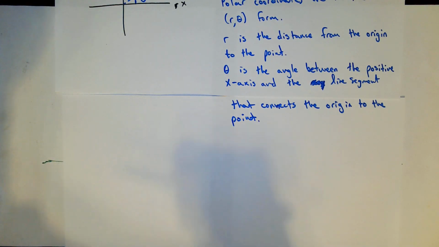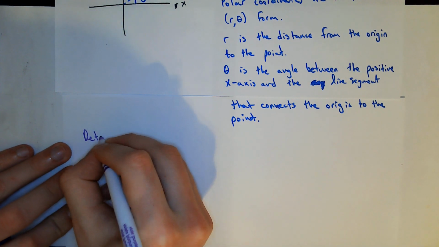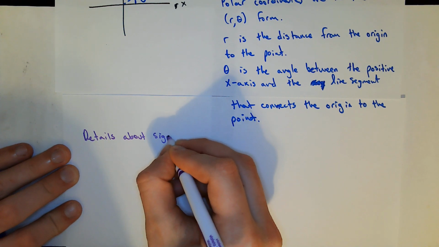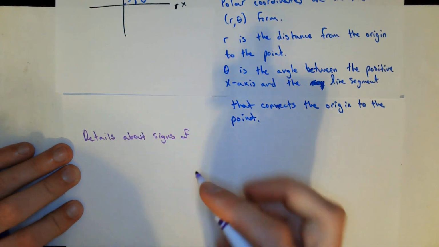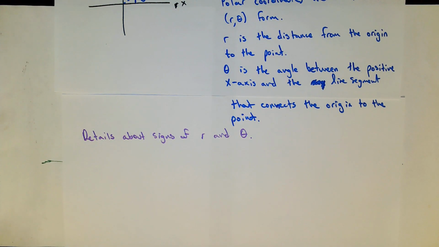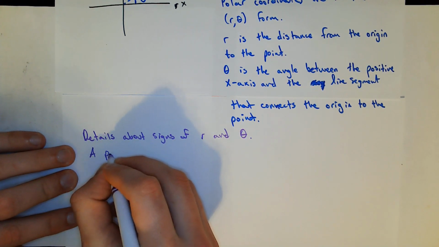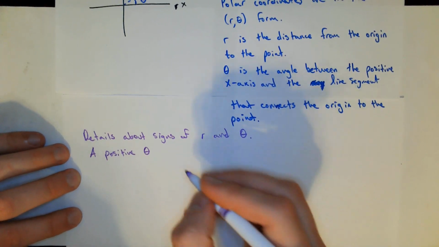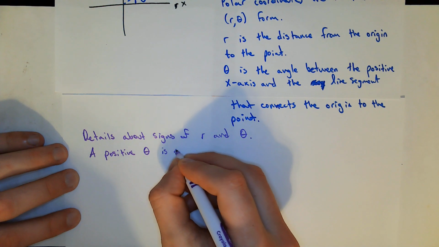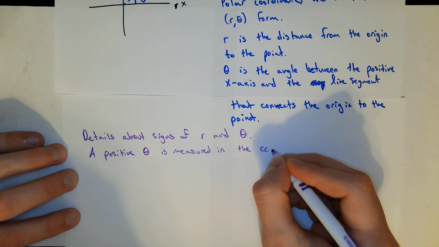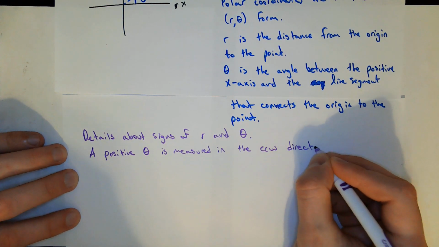All right, so details now coming about the signs of these things. Signs is plus or minus of r and theta. Well, it's not too weird. A positive theta, which direction does it go? Clockwise or counterclockwise? Counterclockwise. Just like we've done everything else, right?